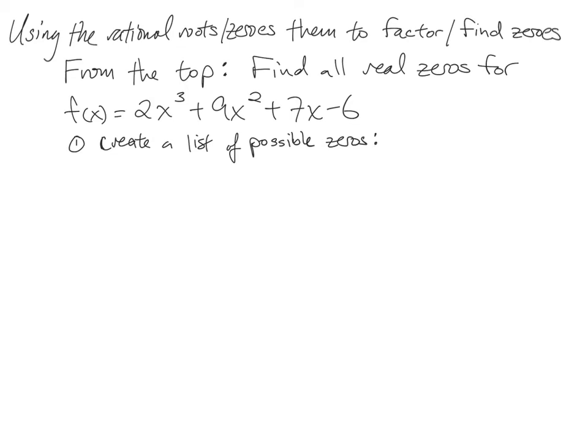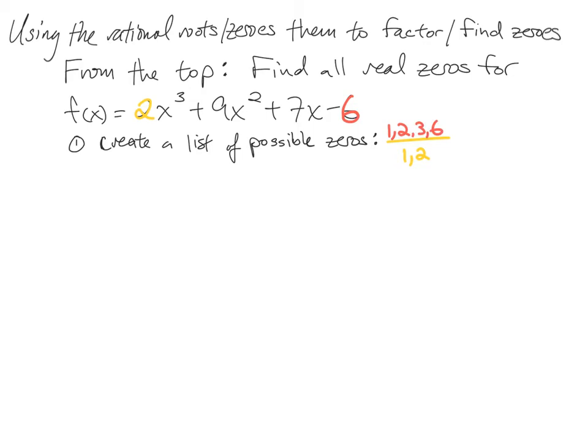And so what I have to do then is take all of the factors that will divide evenly into 6 and divide it by all of the factors that will divide evenly into 2. So this is what it's going to look like this time. 1, 2, 3, 6.